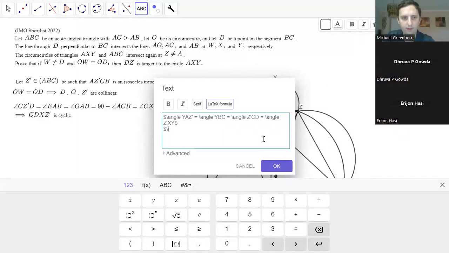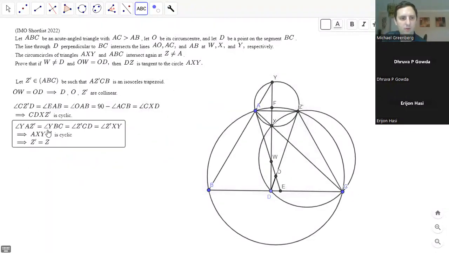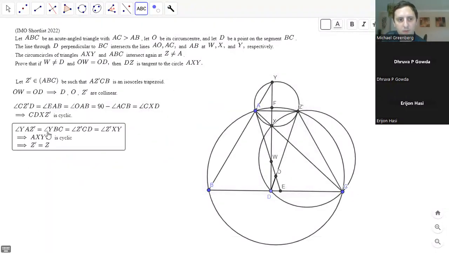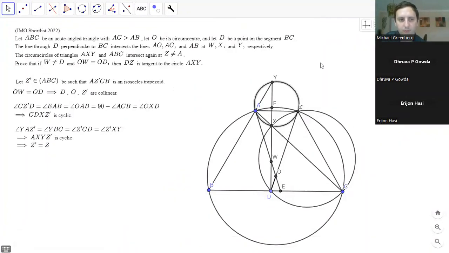That implies that AXYZ prime is cyclic, which means that Z prime equals Z. Once we've shown that, we just need to show that OA is tangent, right? And that's an easy angle chase.